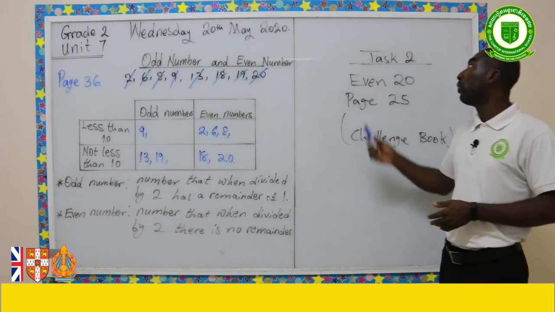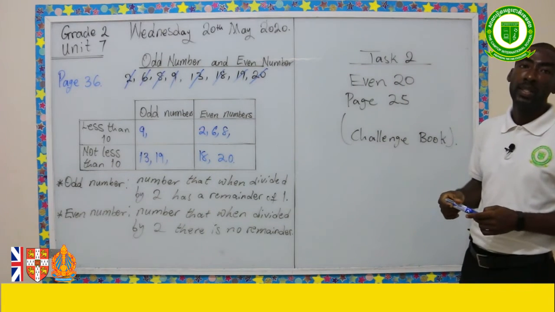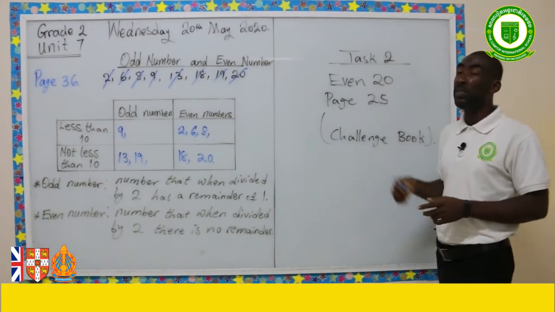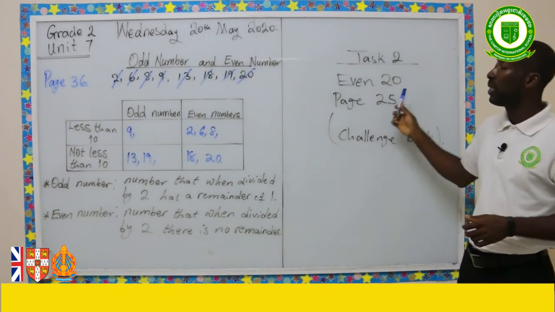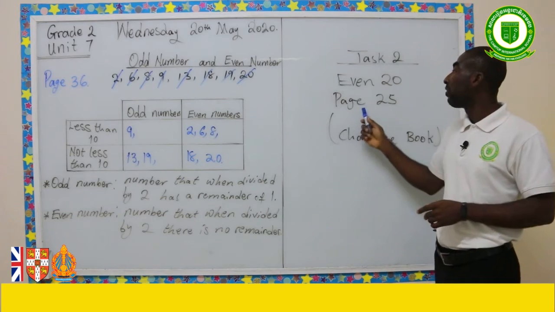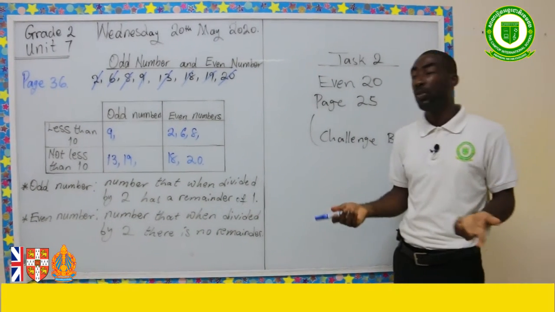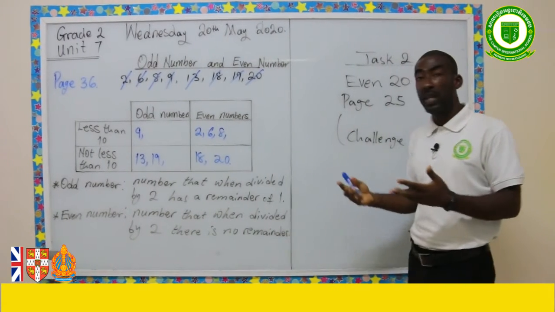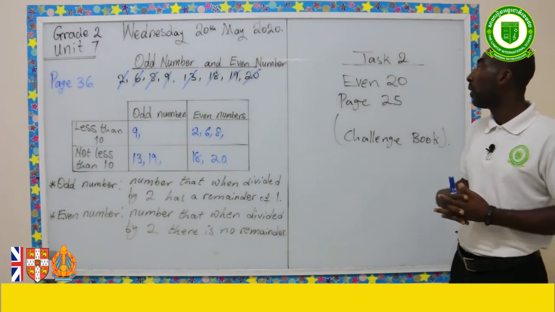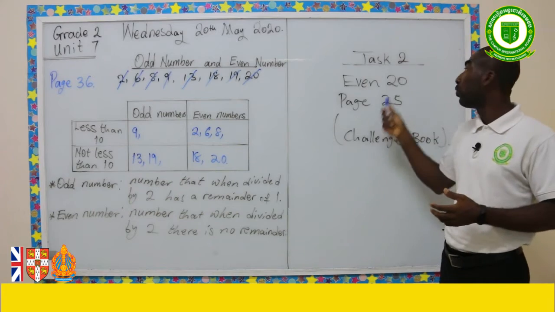Quickly, we will move to our second task, which is activity 2. On this activity, you can find it from page 25 at the challenge book part. What are you supposed to do there? What the exercise there is that you are supposed to make an even number up to 20.